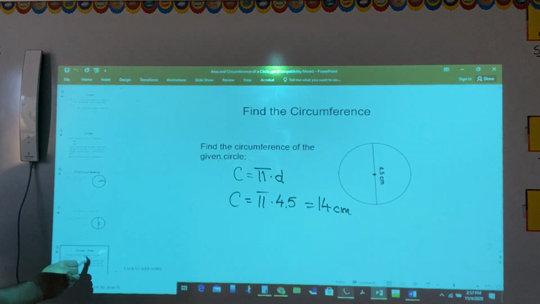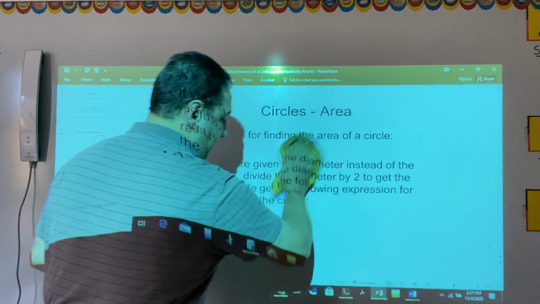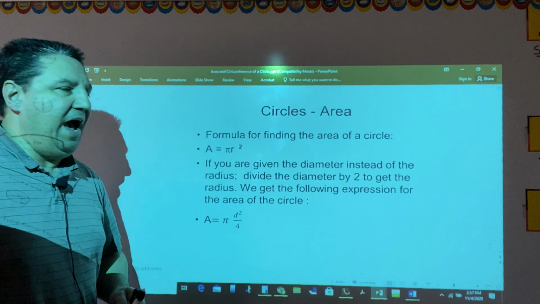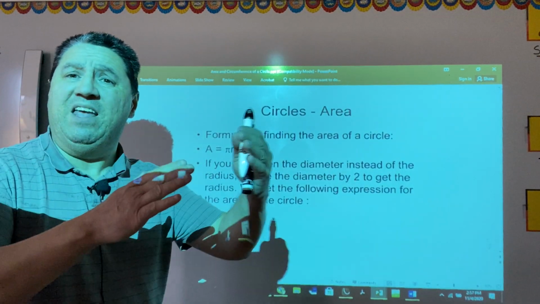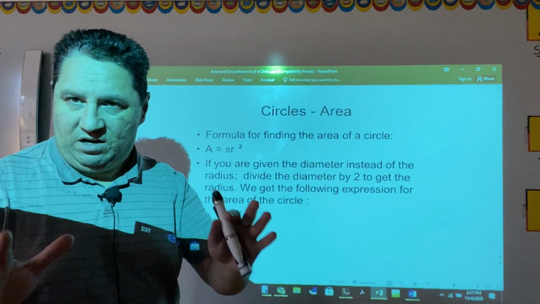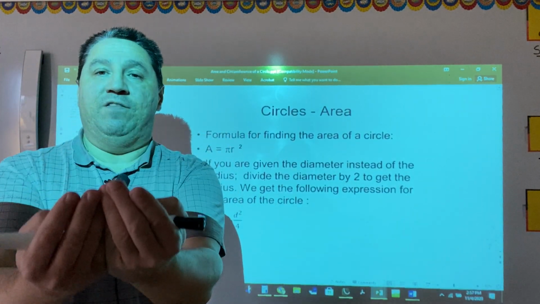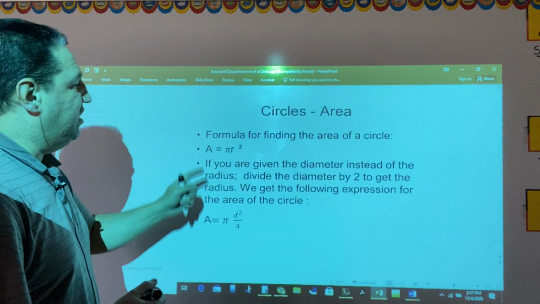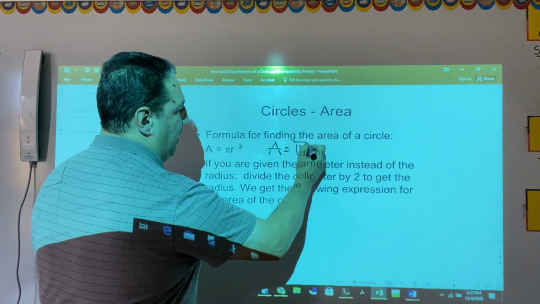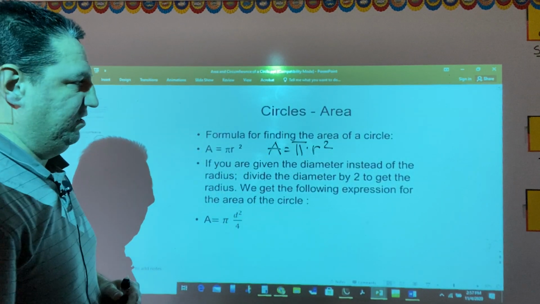Now, let's talk about the area of a circle. Again, we have two formulas for area depending on what is given, but both formulas are equivalent. If the radius of the circle is given, we use this formula. Area would be pi times r squared, where r is the radius of the circle.